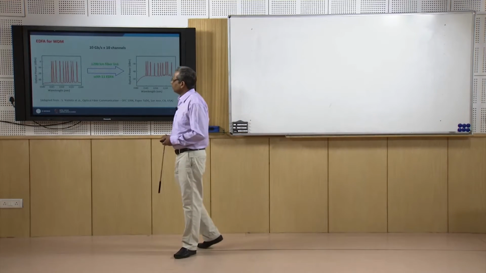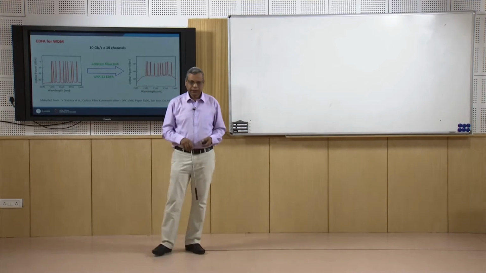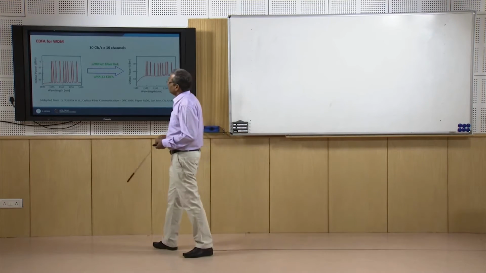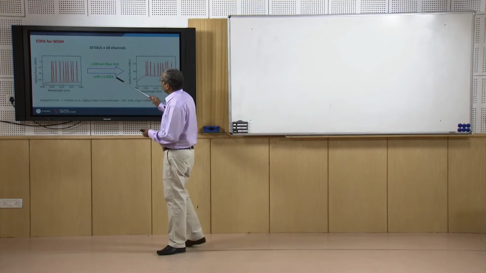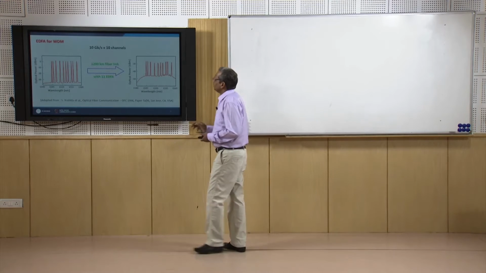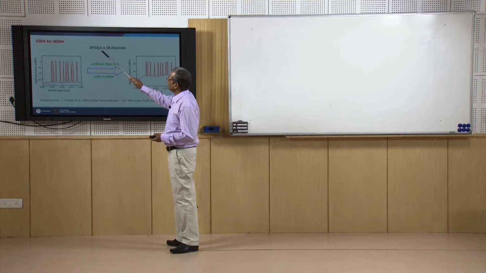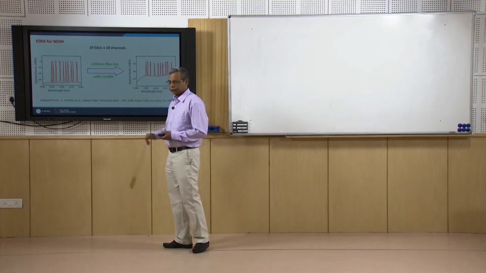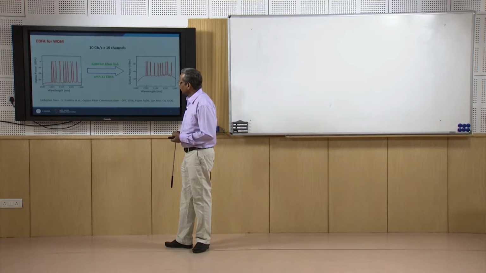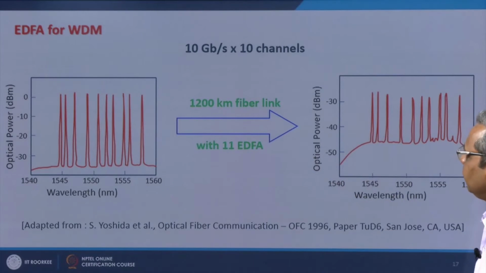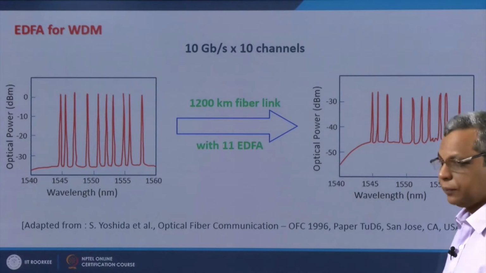This is EDFA for WDM. You can use the same amplifier for different wavelengths. So, this shows a very exciting and interesting system with 10 channels, each carrying 10 Gbps, so there are 10 wavelength channels, and this has been carried out over a distance of 1200 kilometer in a fiber link using 11 EDFAs in between.